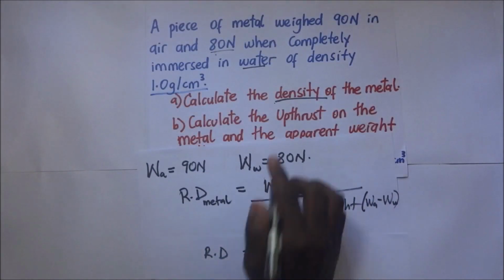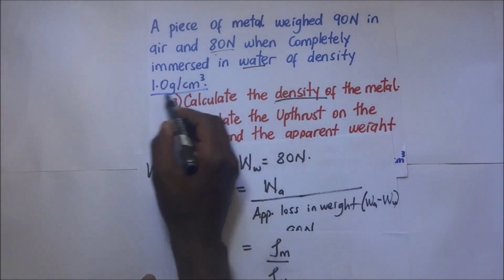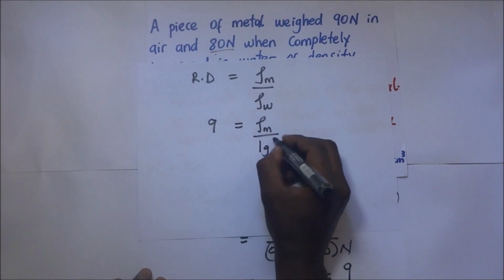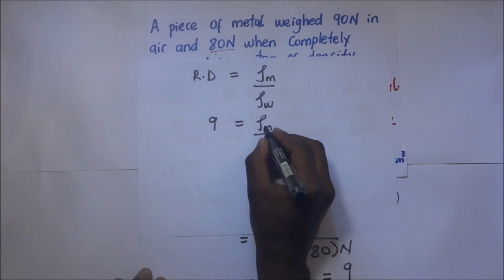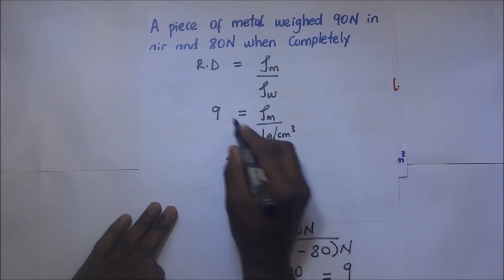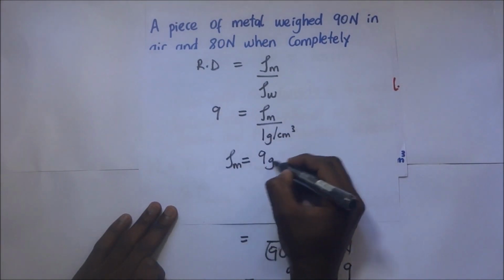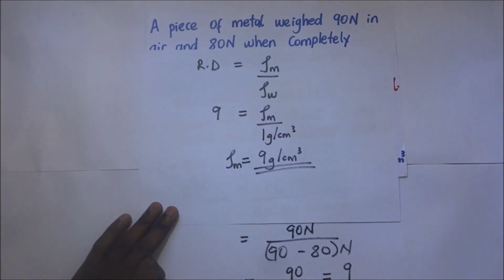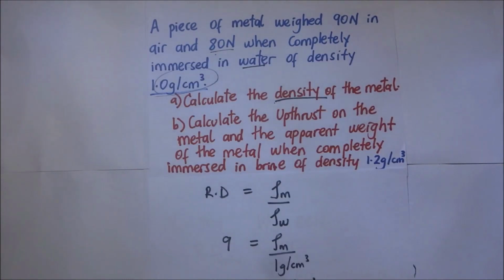According to our question, the density of water is in grams per centimeter cubed, so we shall maintain that: it's 1 gram per centimeter cubed. It means that the density of the metal is going to be 9 grams per centimeter cubed, and that's our answer. So we move on to part B.